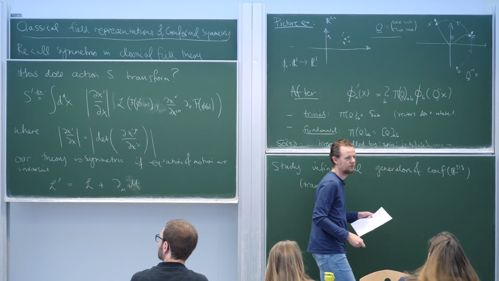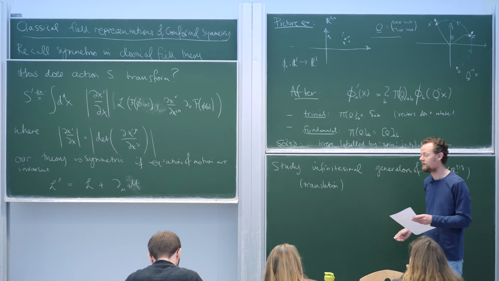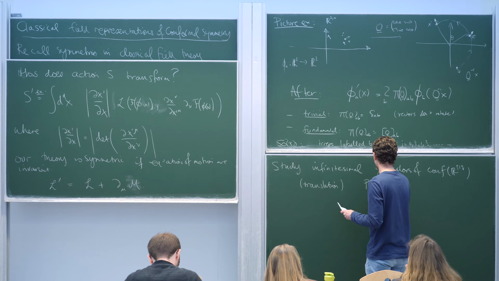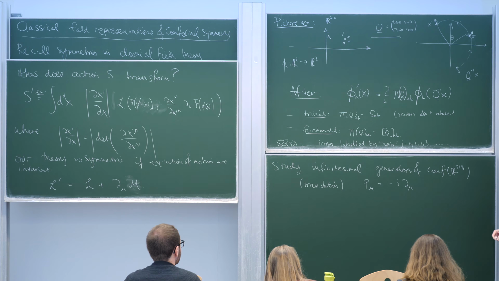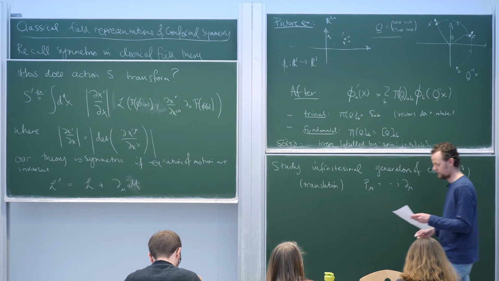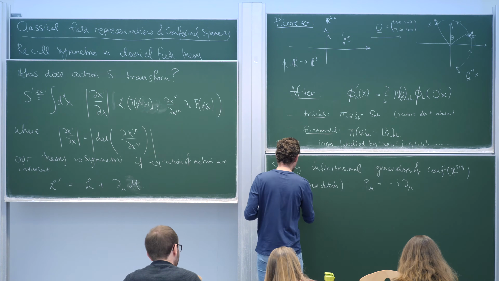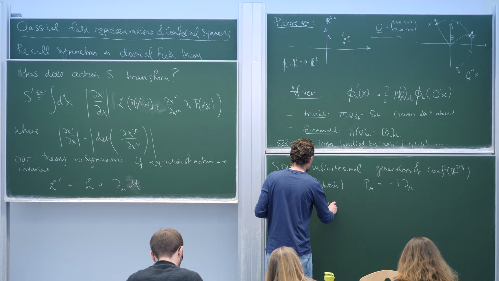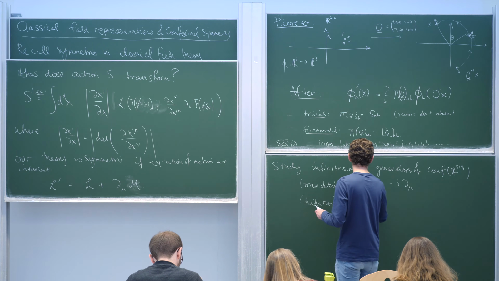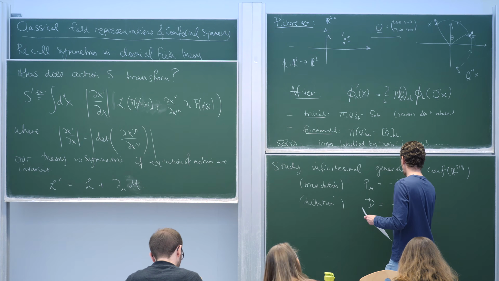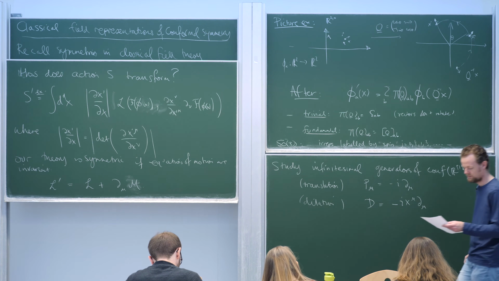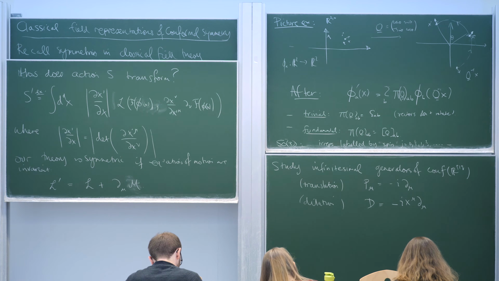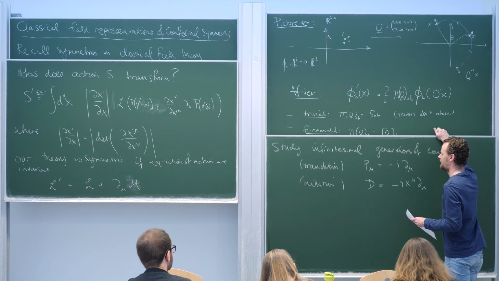So the infinitesimal generator of translations is momentum, called P mu. The infinitesimal generator of dilation is called D for dilation, and it's given by minus i x mu d mu.